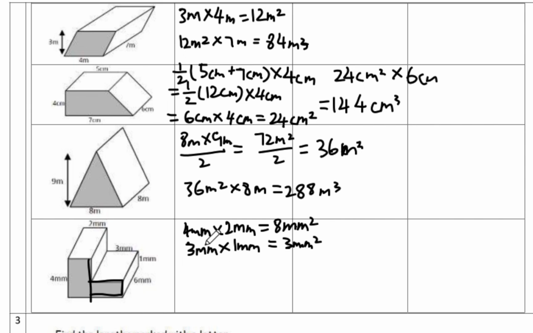And now we'll add these two together, so this would be 11 square. Now 11 square will multiply the length right here, which is 6. So 11 multiplied with 6 will be 66 cube.